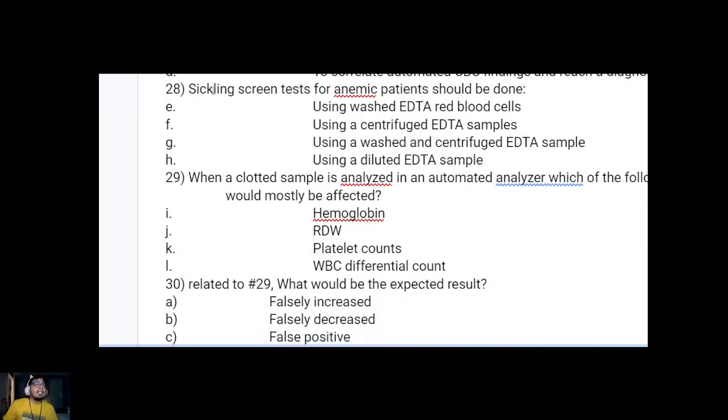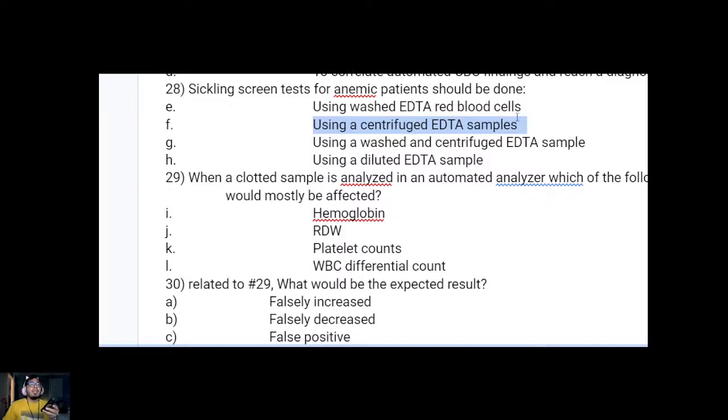Okay? Sickle cell screen tests for anemic patients should be done using EDTA blood, syempre. Pero anong klase? Centrifuge dapat. Bakit kailangan i-centrifuge, sir? Number 28. Kasi anemic nga sila eh.